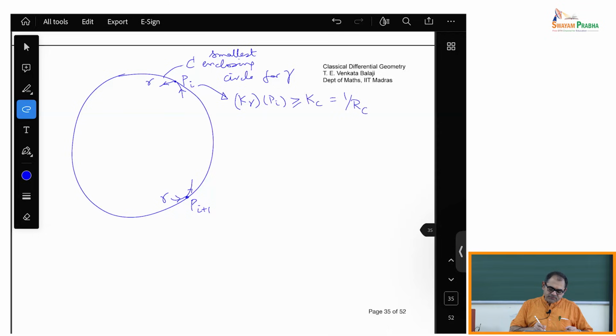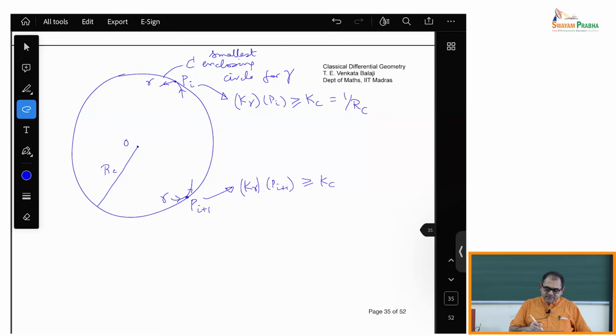This is the center of the circle, O, and this is the radius. At this point also, the signed curvature of gamma at Pi plus 1 is also greater than or equal to Kc.